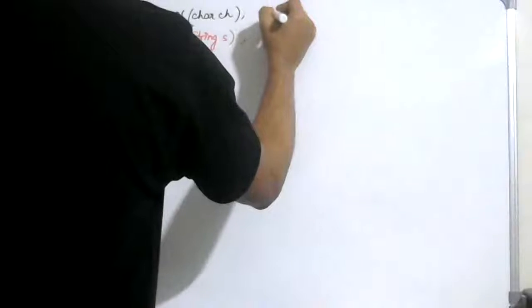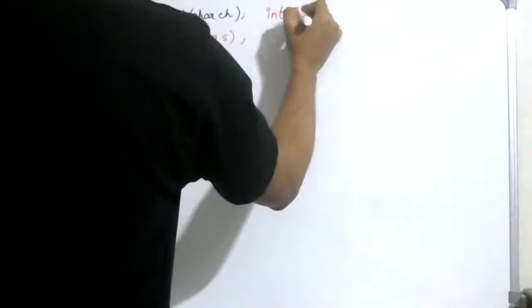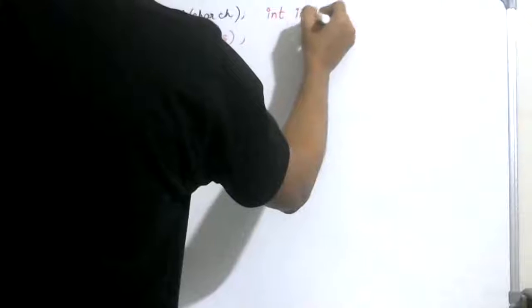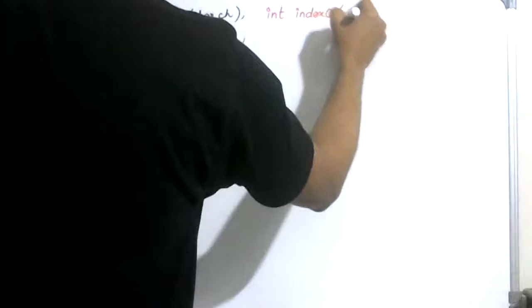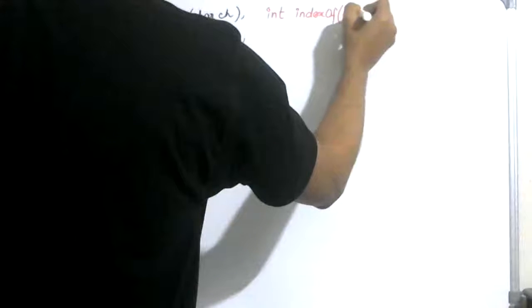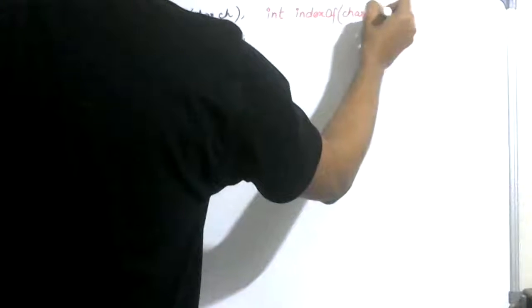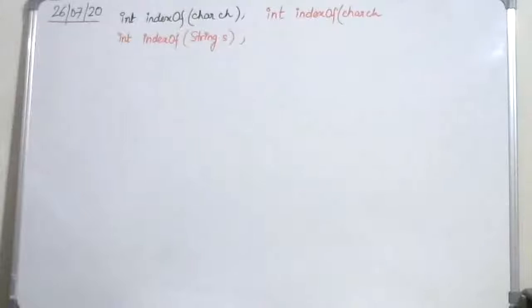So int indexOf takes a character and an integer value as well.